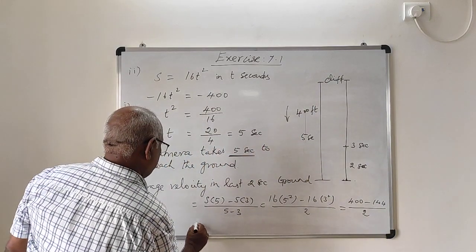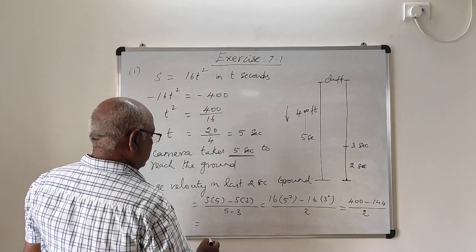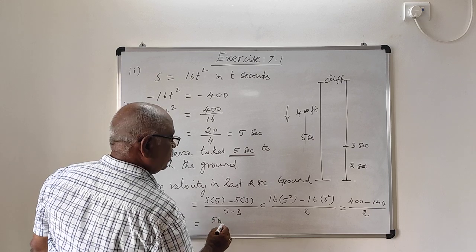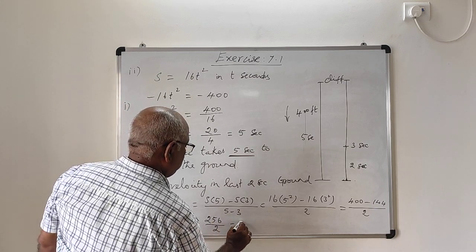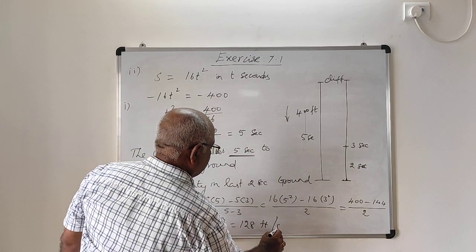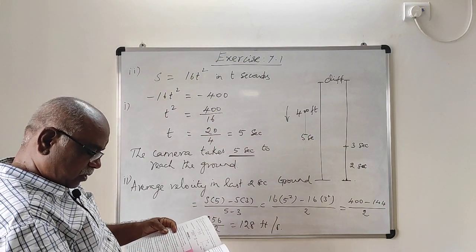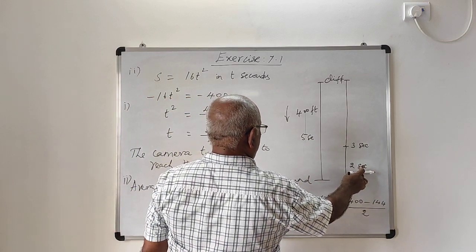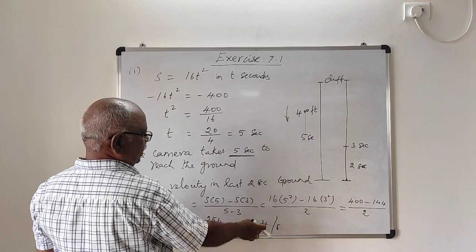That is 400 minus 144, which is 256, by 2, equal to 128 feet per second. The average velocity in the last 2 seconds is 128 feet per second.